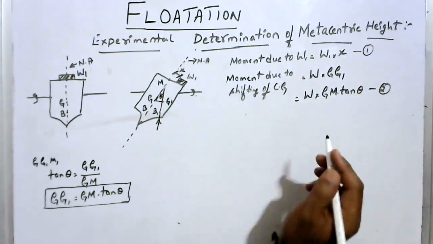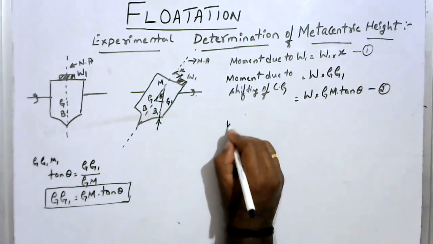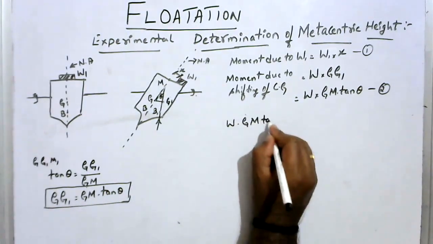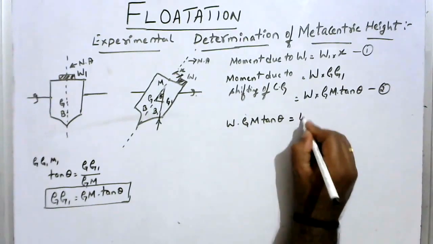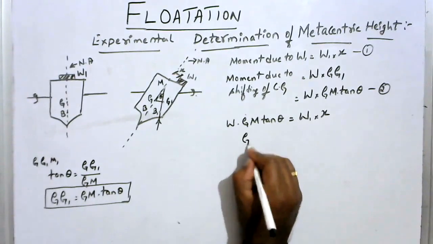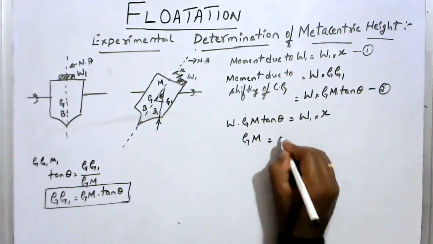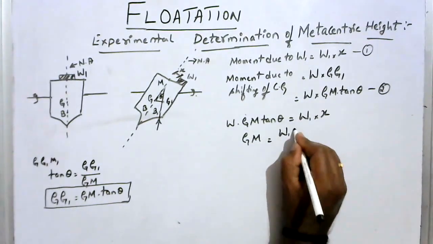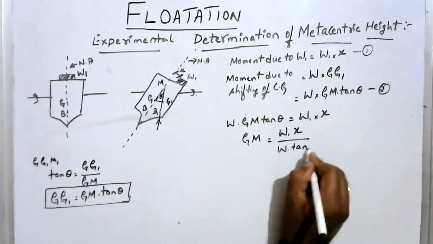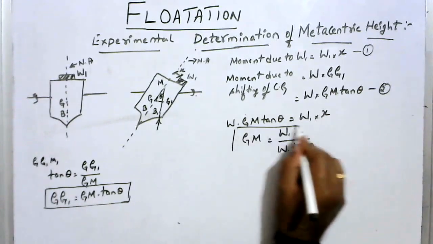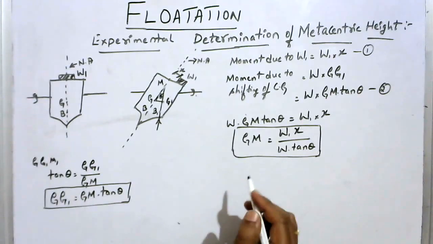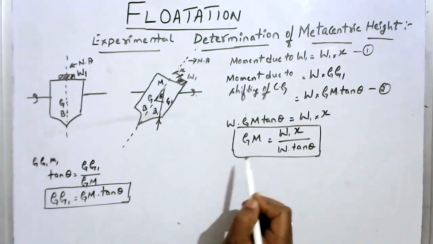Therefore, I'll equate both the moments, that is W GM tan theta is equal to W1 into X. Therefore, GM is equal to W1 into X divided by W tan theta. Okay, so this is how you can determine the metacentric height experimentally.